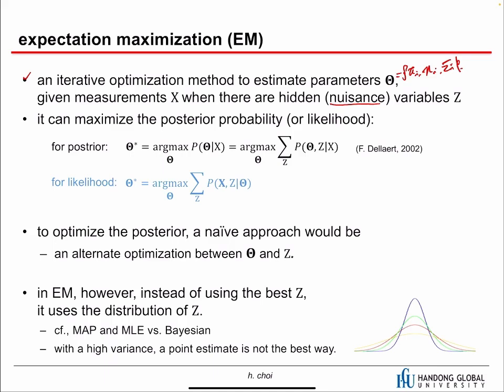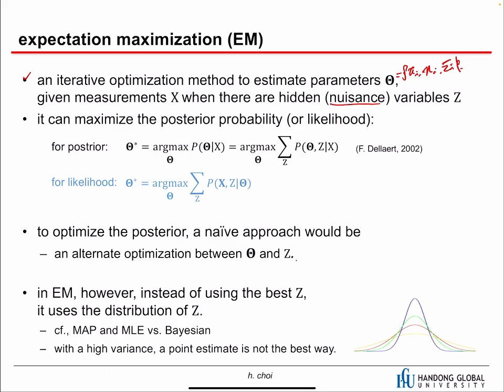Or if we have a likelihood, then the EM algorithm can maximize the likelihood. So if we have a likelihood, then the EM algorithm is a generalized version of the maximum likelihood estimator. To optimize the posterior or likelihood, a naive approach would be an alternating optimization between theta and z.